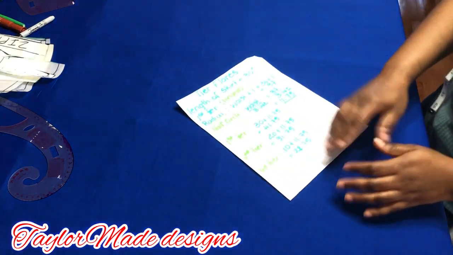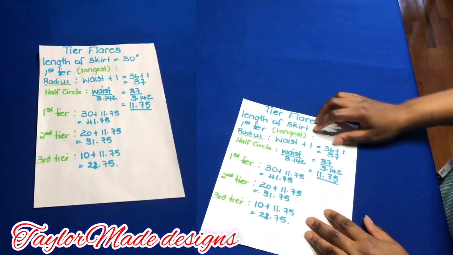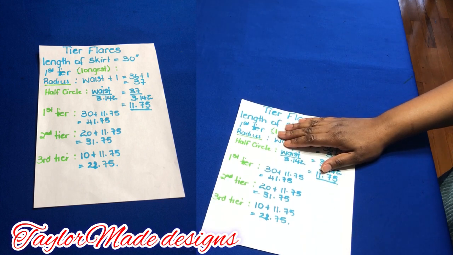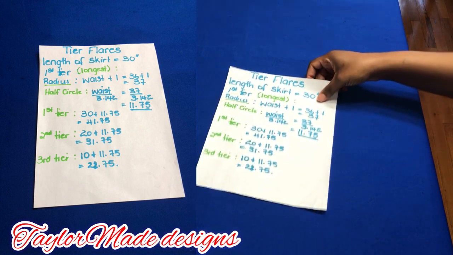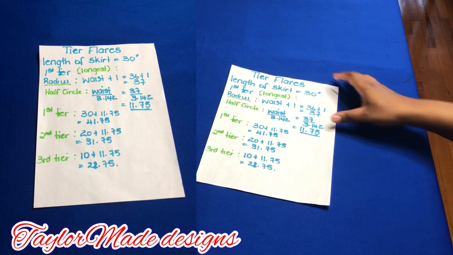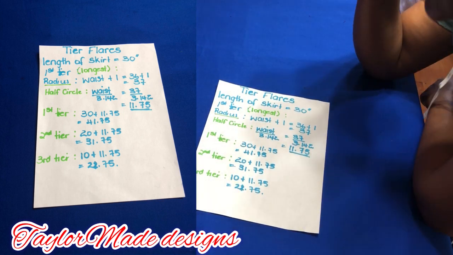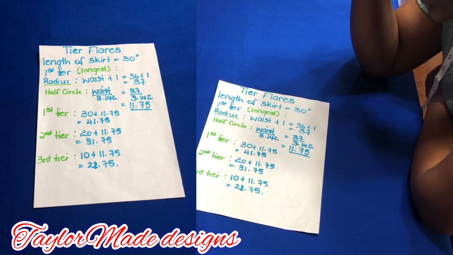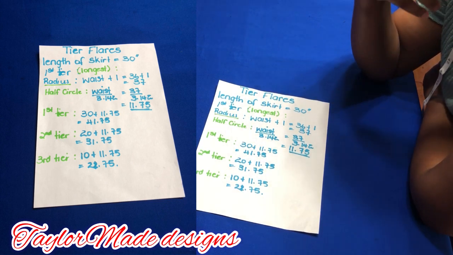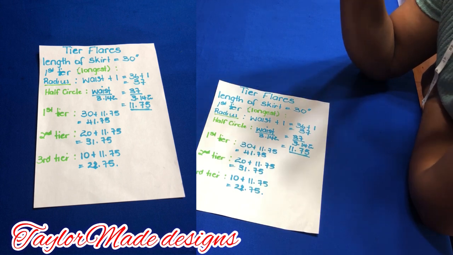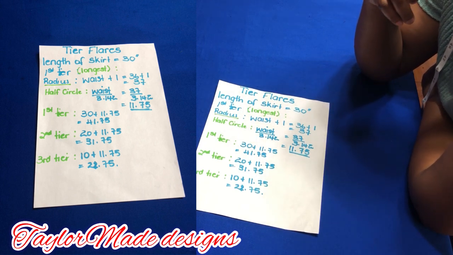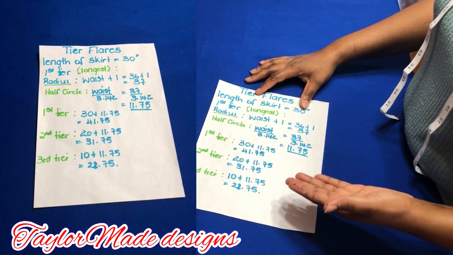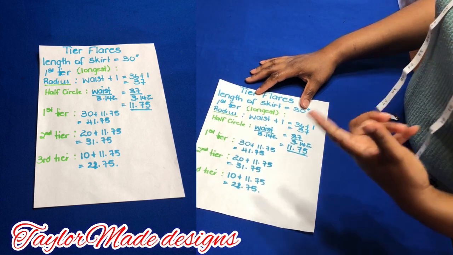For the bottom part, remember the bottom part has 3 tiers of circle skirt. So in order to get the bottom of the skirt, you need to ask yourself how tall you want the dress to be. So the upper part of my dress is about 17 inches from my nape to my waist.